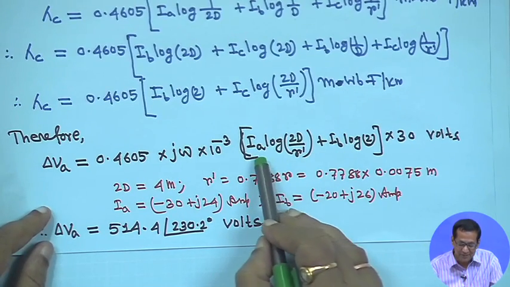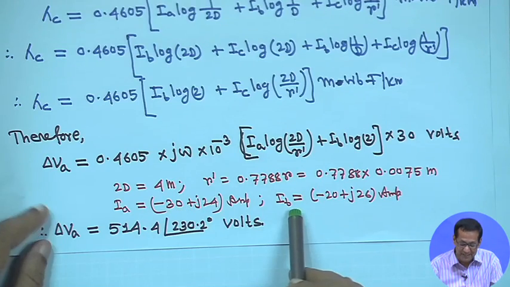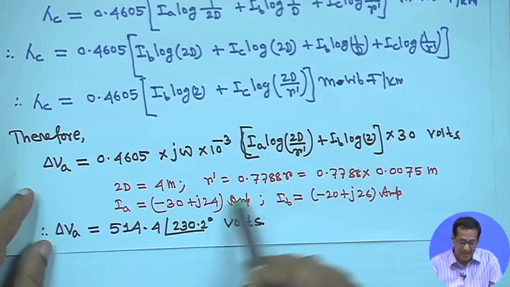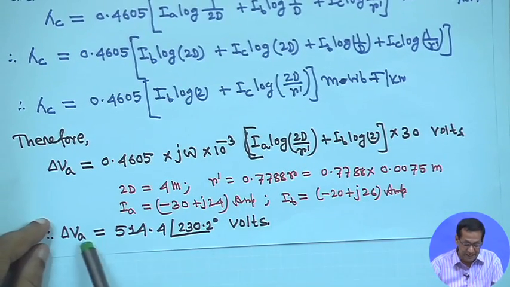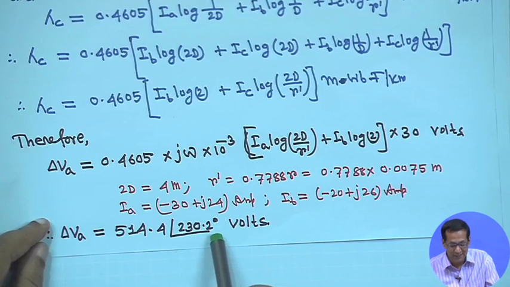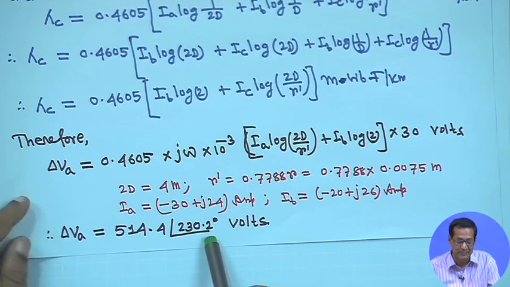Here you substitute the currents Ia and Ib, Ia is equal to this much, Ib is equal to this much, you substitute d is equal to 2 meter and calculate. So you will get delta V a is equal to 514.4 angle 230.2 degree volts, that means in phase A this is the induced voltage.